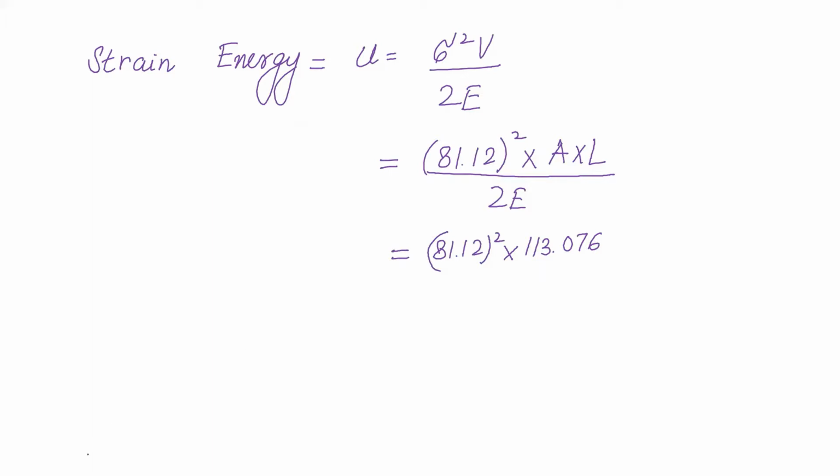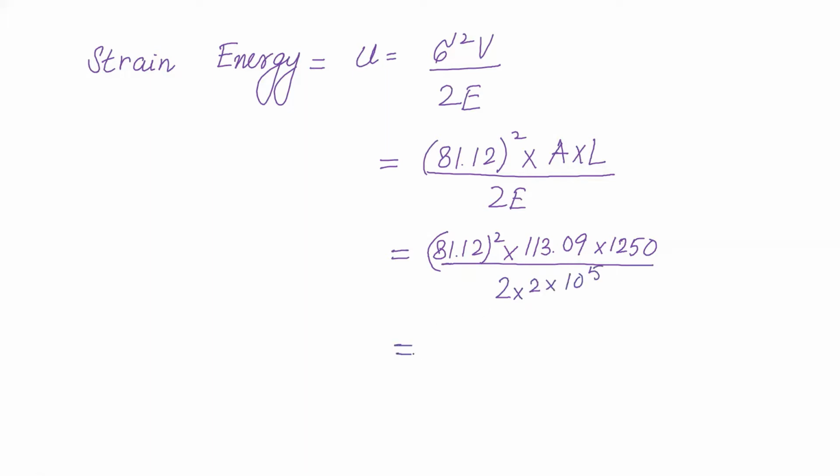So let me change it, this one, and I am going to take another pointer, and it is 113.09 multiplied by length 1250 in millimeter, and then 2 into 10 to the power 5.